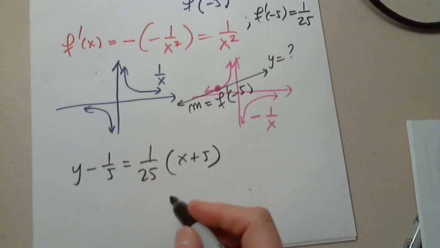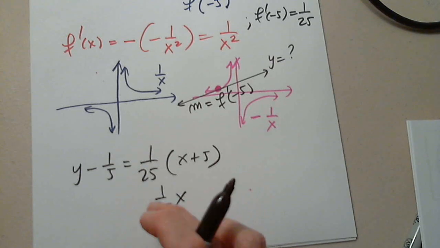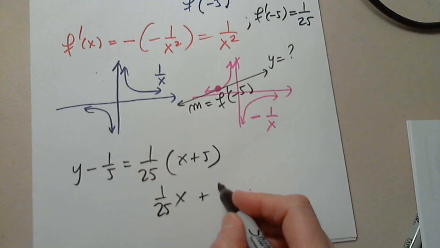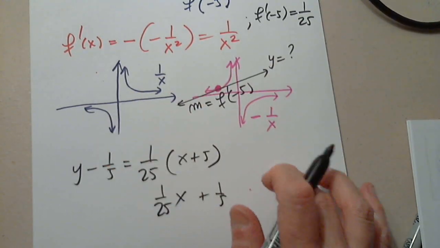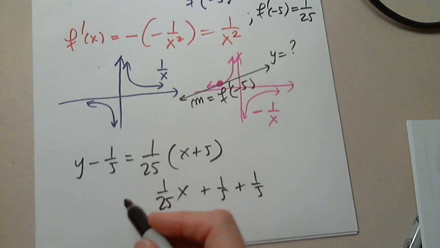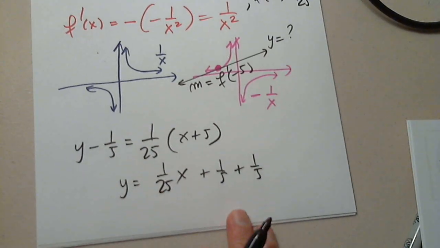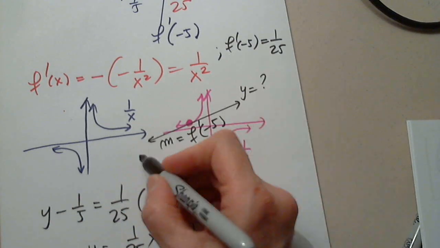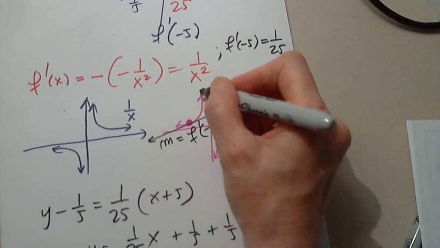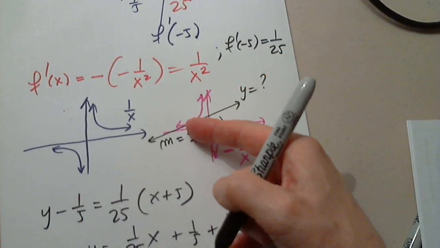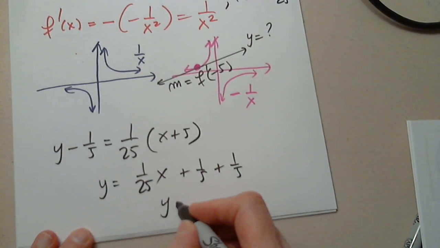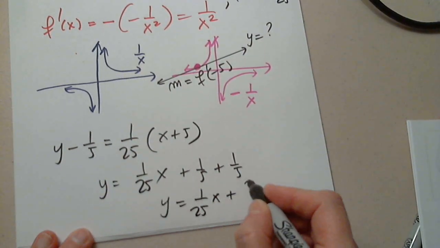I distribute 1 over 25x. When I distribute here, I get 1 over 5. When I bring this over, it's plus another 1 over 5. So then the equation of this line, which is the tangent line to the graph of our function at this point, is y equals 1 over 25x plus 2/5.